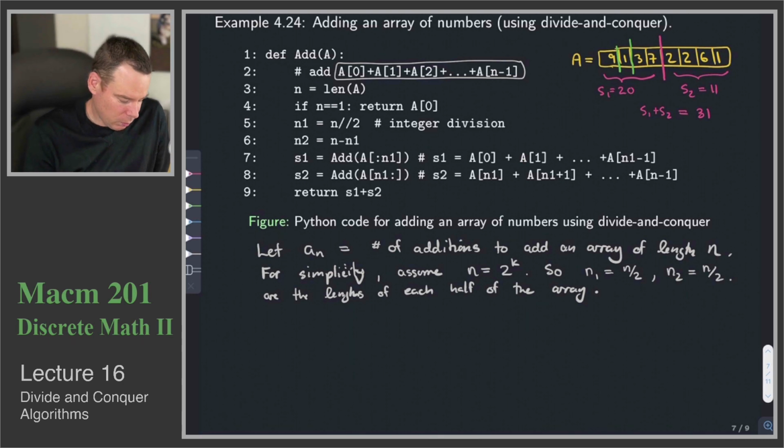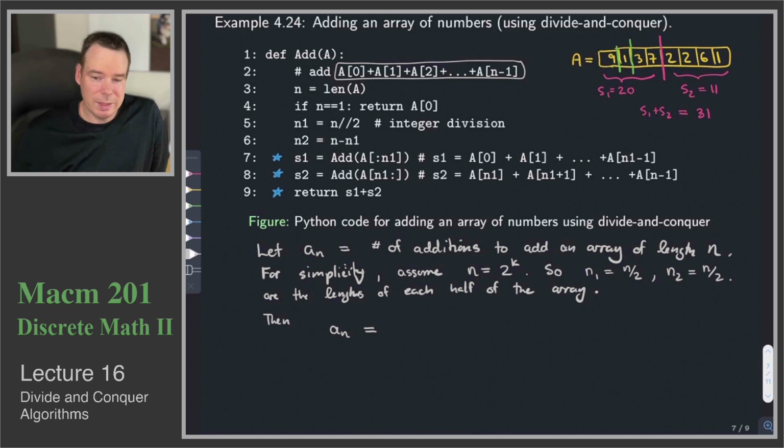So what is our recurrence relation on a_n? How many additions get done in adding an array of length n? Well, those additions happen in these lines: line 7, line 8, and line 9.